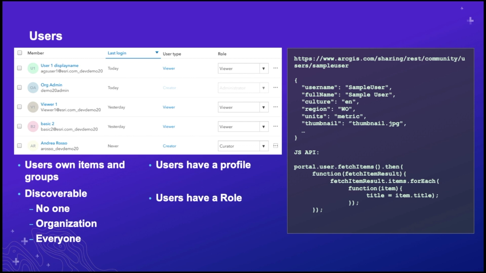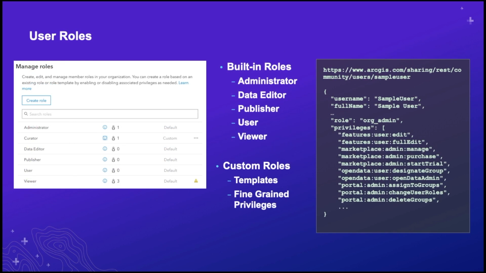And users have a role. So the role defines what they can do. And so we have 5 different built-in roles currently that you can select from as part of the system. These are the administrator, which is basically your root user, your super admin that can do everything, can administer your whole entire organization or portal.